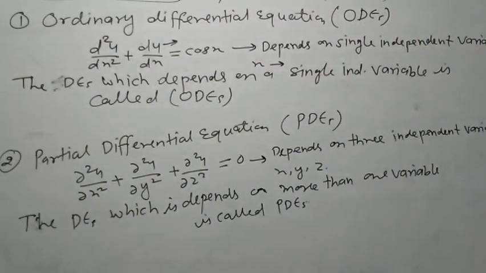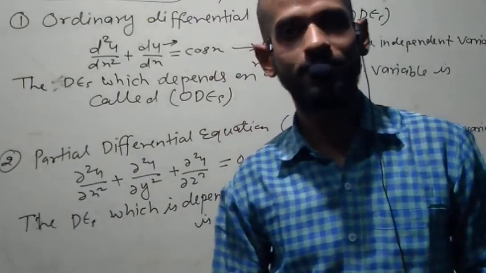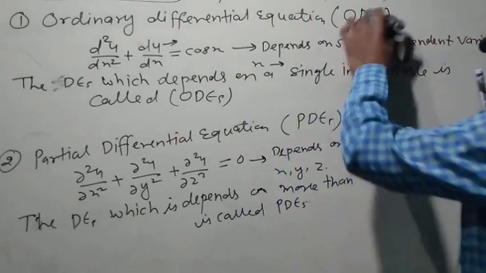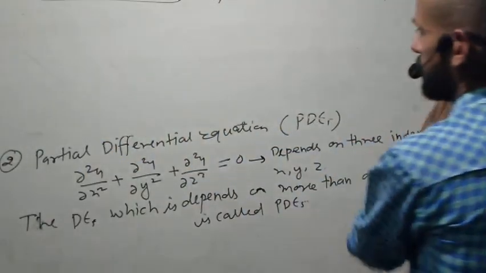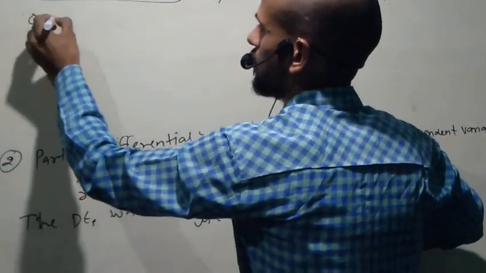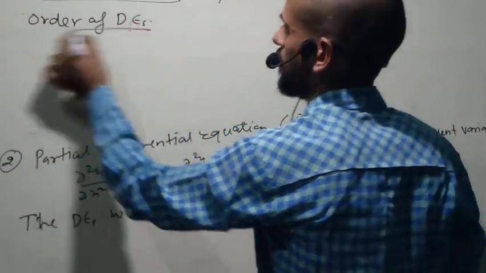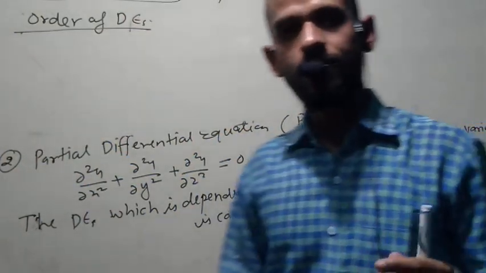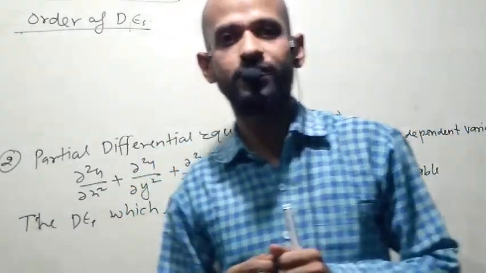Now we have to understand what is meant by order and degree of a differential equation. Order of differential equation means the highest derivative that appears in the equation is the order of the equation.